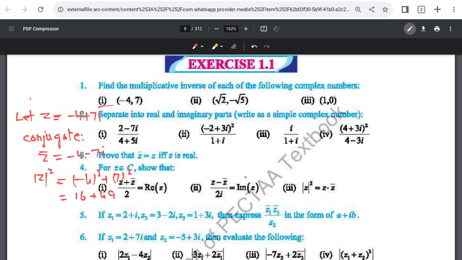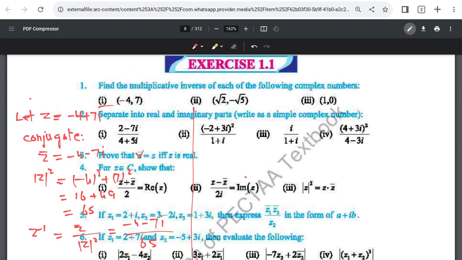So 16 plus 49 is 65. So the formula of z inverse is the conjugate of z over z mod square. So the conjugate of z is minus 4 minus 7 iota over 65.